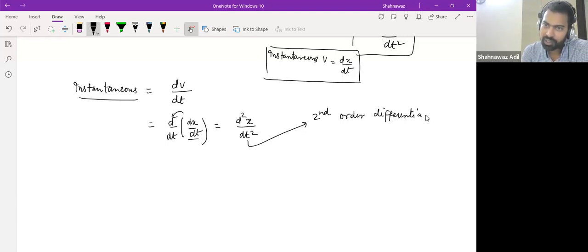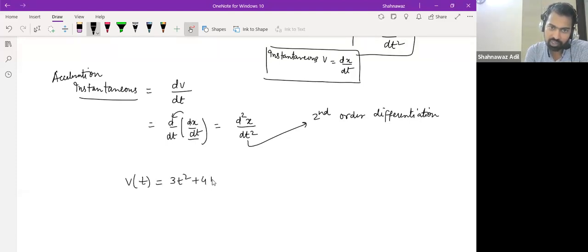So then I say that if in the question they have given you some form of v, let's say 3t square plus 4t plus 5, then you can calculate the instantaneous acceleration.